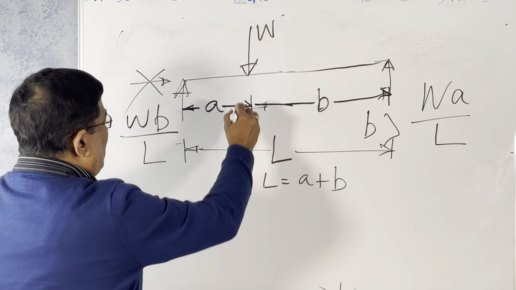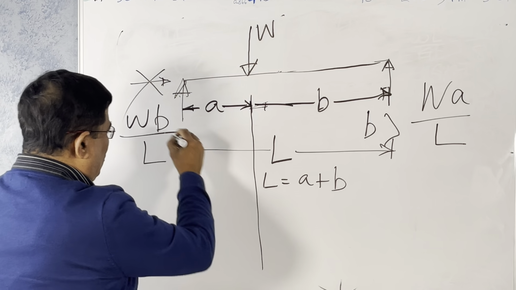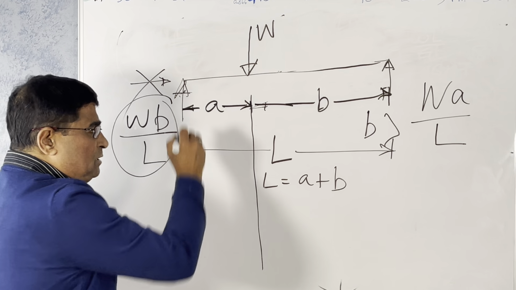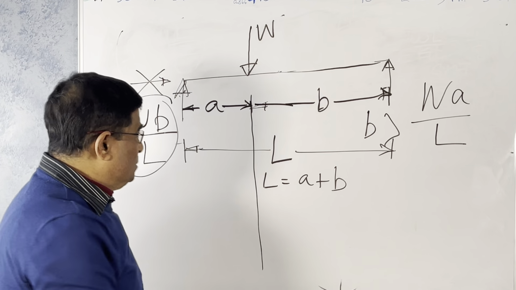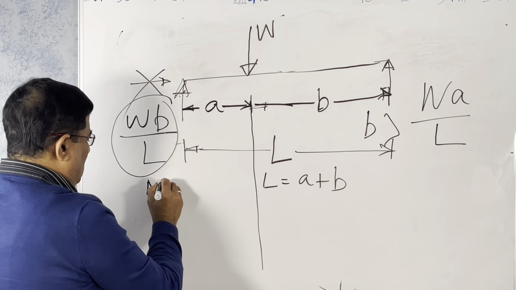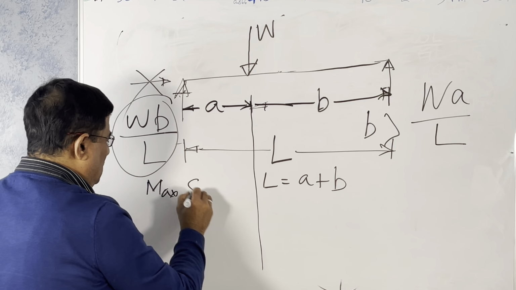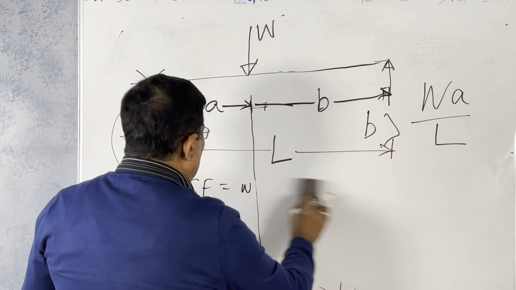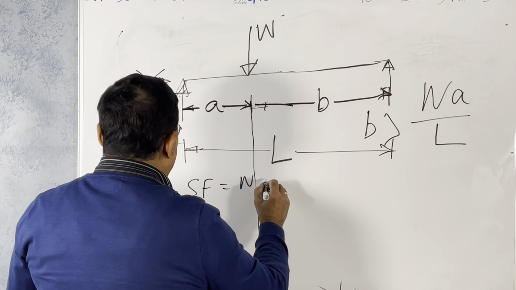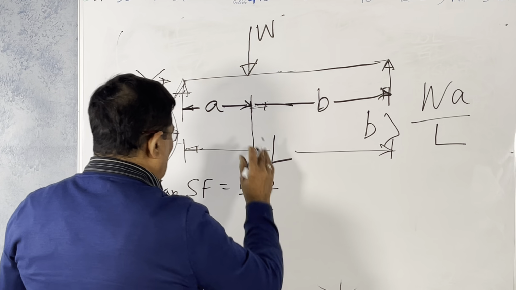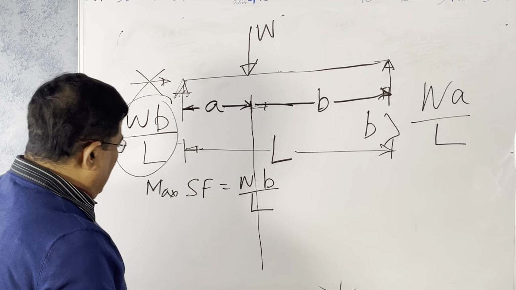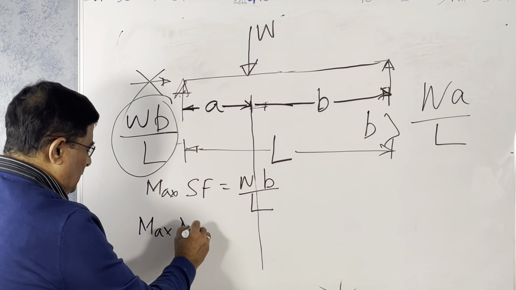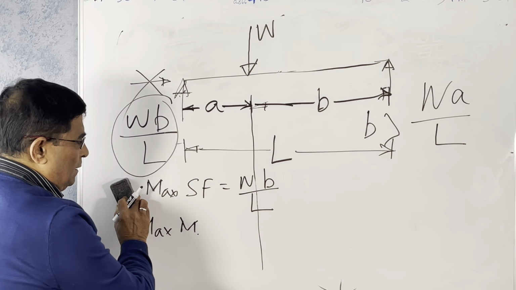Okay, so what is the moment at the point? Shear force is maximum. Which is the maximum shear force? It is this one, because this reaction has the higher value. So the maximum shear force is W B over L, where L is the total length, A plus B. And the maximum moment, that is what we are going to calculate.